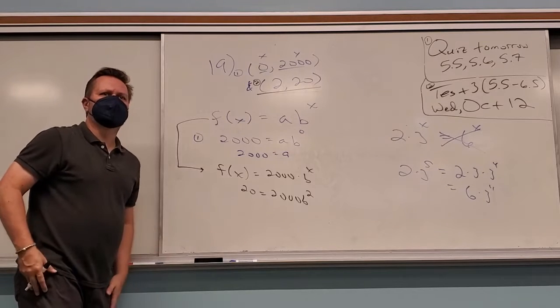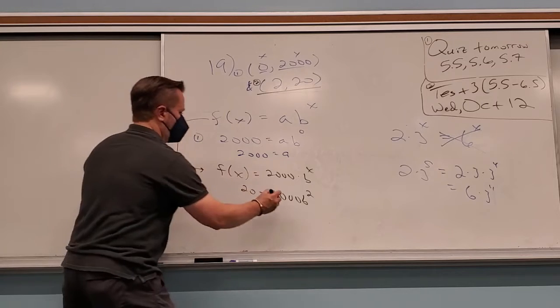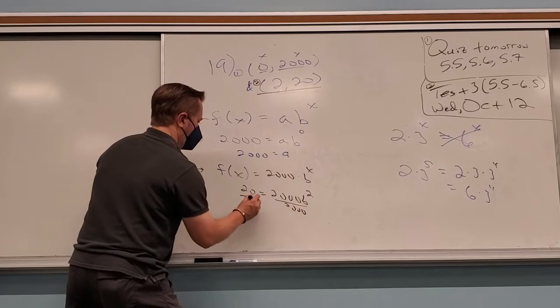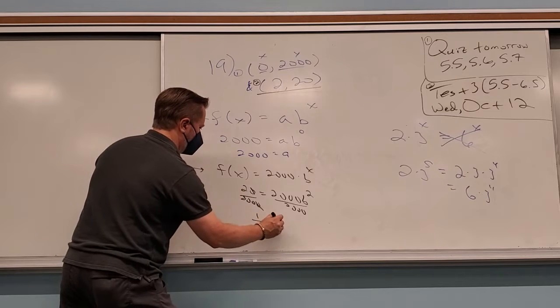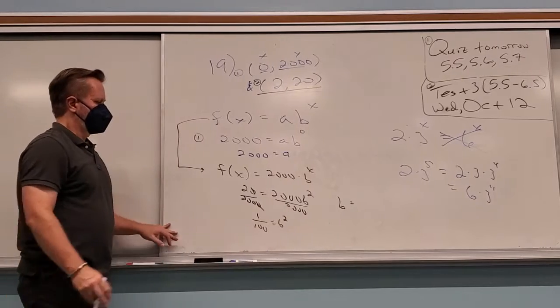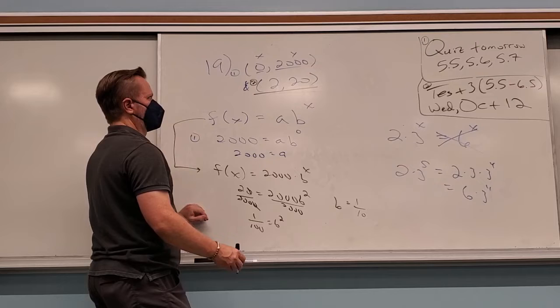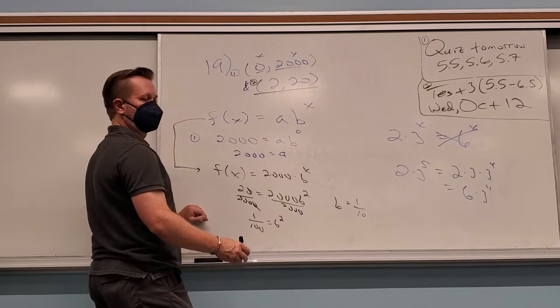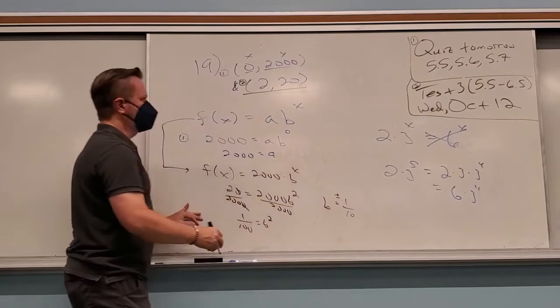Yeah, divide by 2,000. I get 1 over 100 equals b squared, so then what's b? Yeah, it could be 1/10 or negative 1/10, right? So plus or minus 1/10.